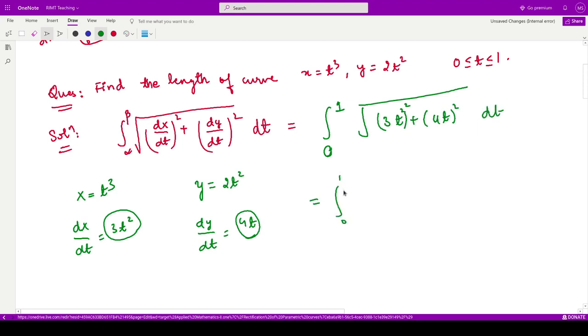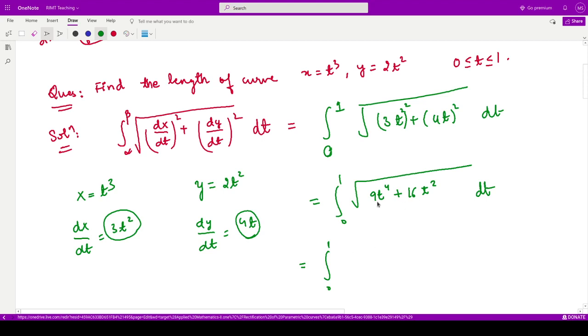So let us see what we have. It would be 9t to the power 4 plus 16t square, dt. We can simplify this a bit, integration from 0 to 1. What can you take common from here?